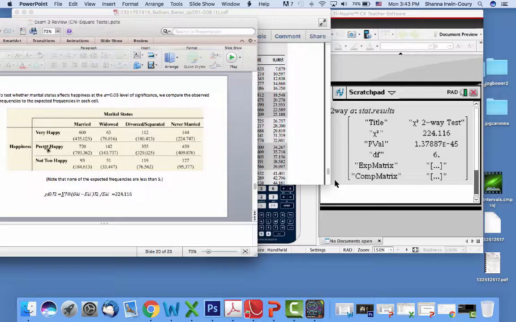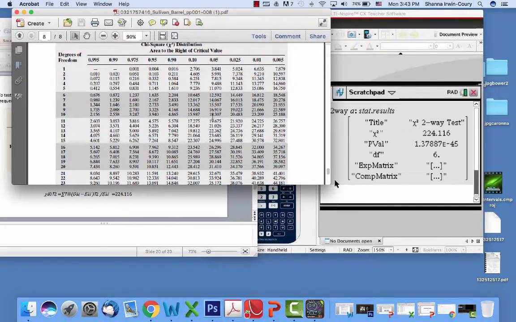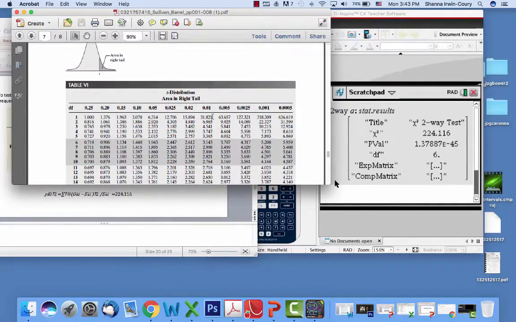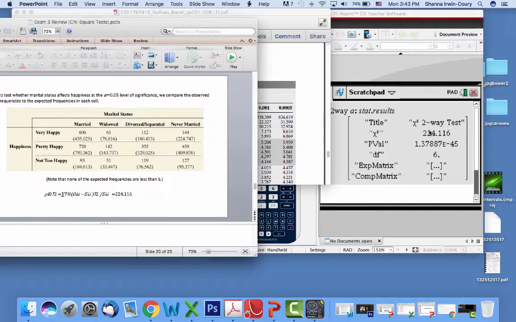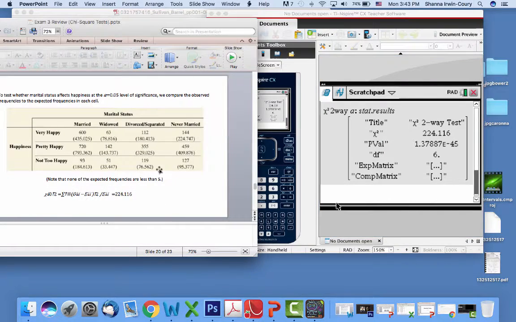So you would have to just split it between happy and not happy and either married or not. You wouldn't be able to have this many categories if you couldn't ask more people. So these are boundaries, and on the T, the Z, these are boundaries also. Okay, so that is that.